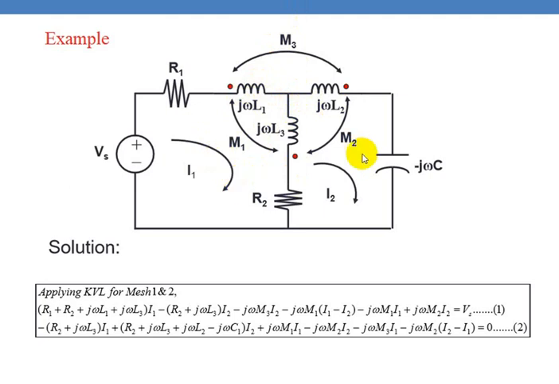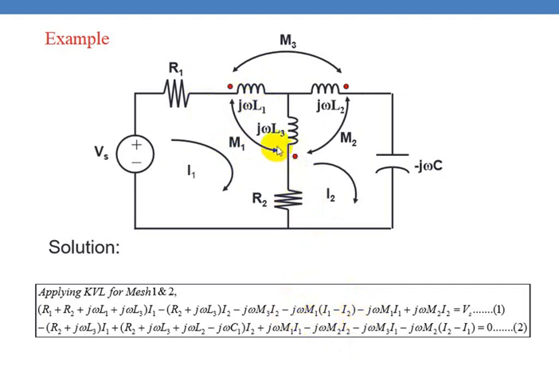It is I1 minus I2. So j omega M1 into I1 minus I2 is the mutual inductance voltage due to M1. What about the sign? Here I1 is entering and here I1 is leaving. Therefore, you have to write a minus sign.